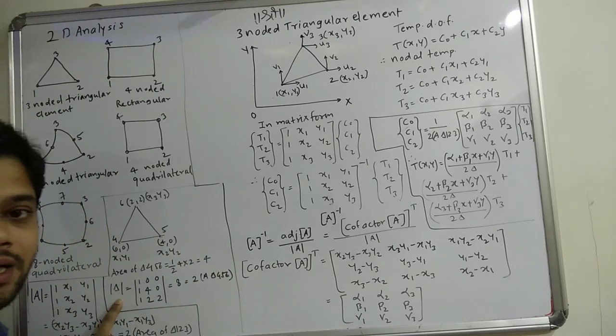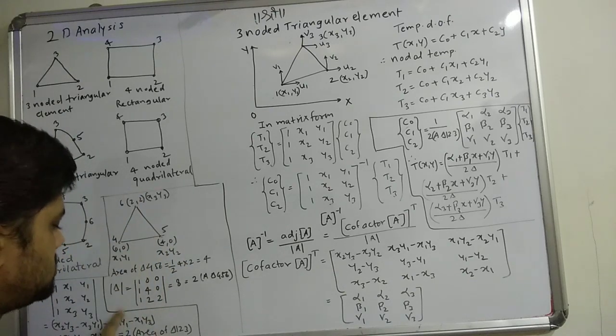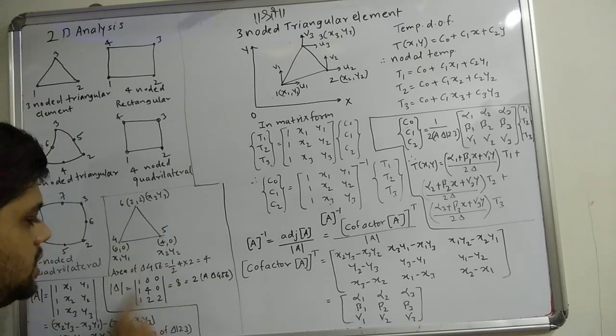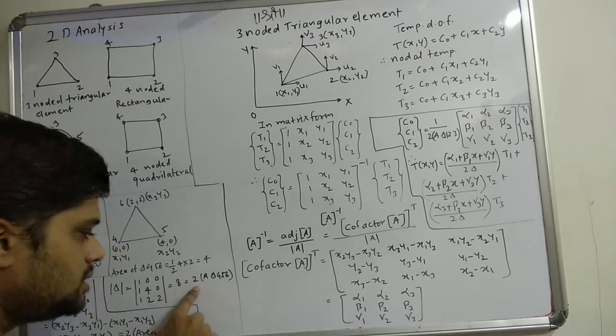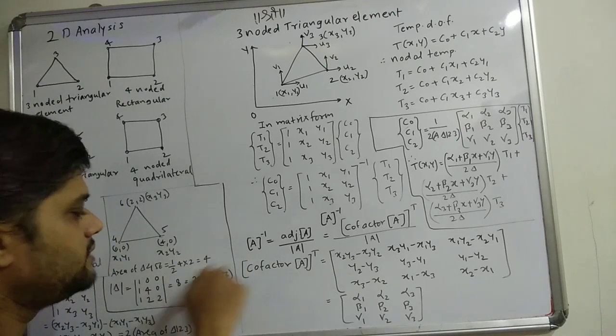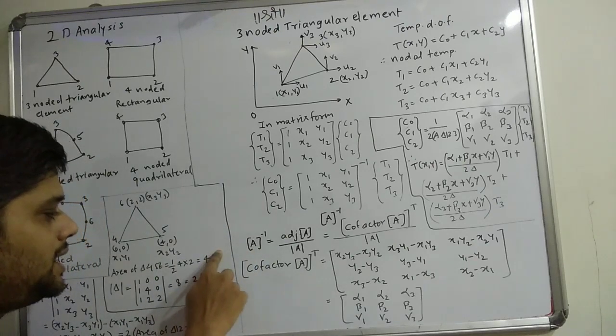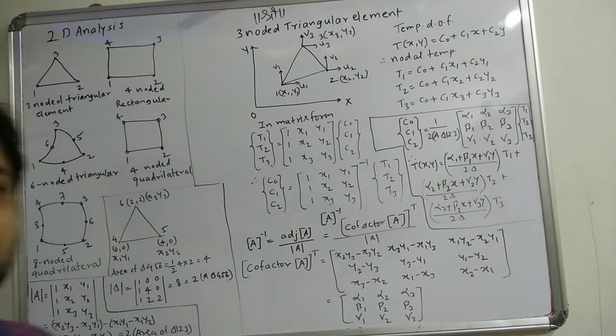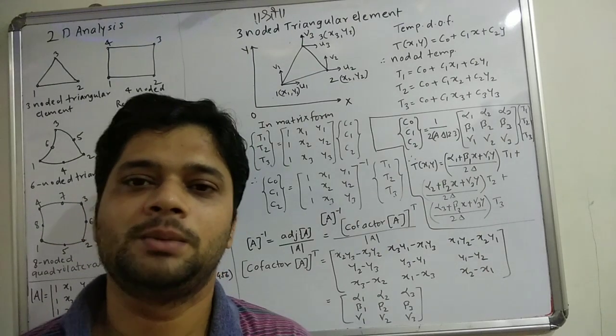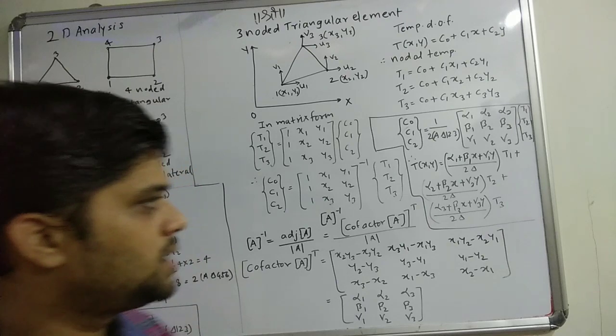And if I find the determinant, because I know the coordinates, it comes out to be 8, which is 2 times the area we found. So it proves that the determinant is twice the area of the triangle.